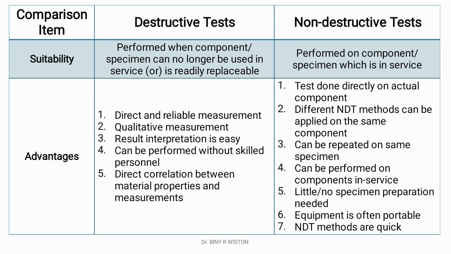And non-destructive tests can be repeated on the same specimen and can be performed on components which are in service. Little or no specimen preparation is required. The test equipment is often portable. Labor costs are usually low. Most NDT methods are quick.